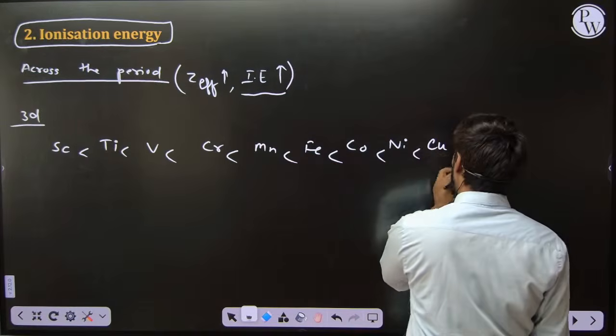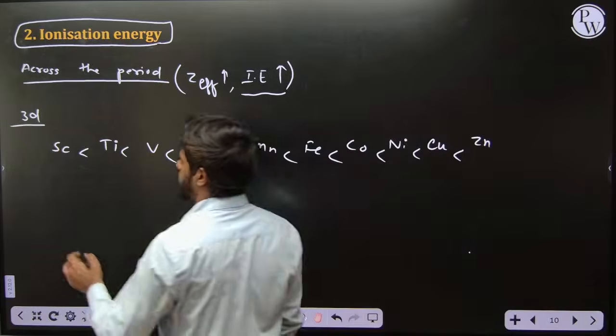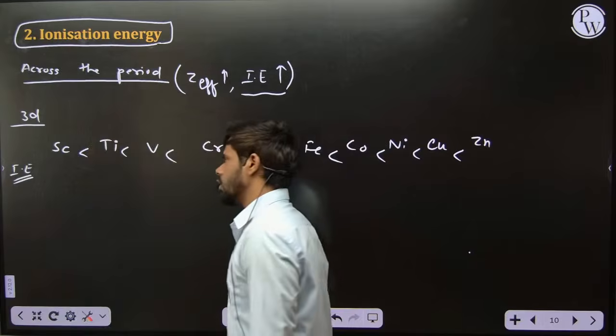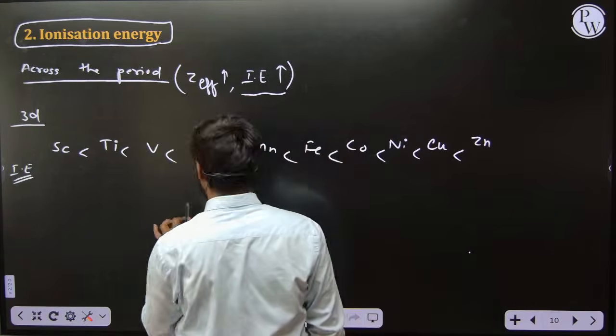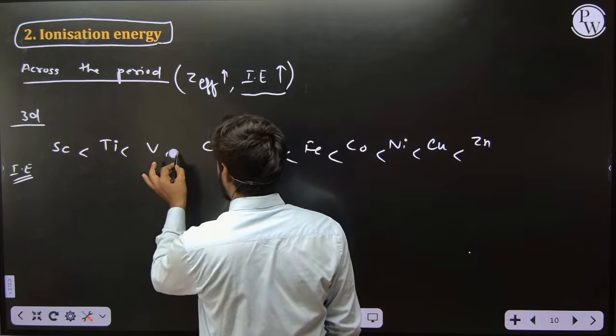So this should be our order of ionization energy, but the order is not this. Why is it so? There is repulsion and extra stability that it is getting.